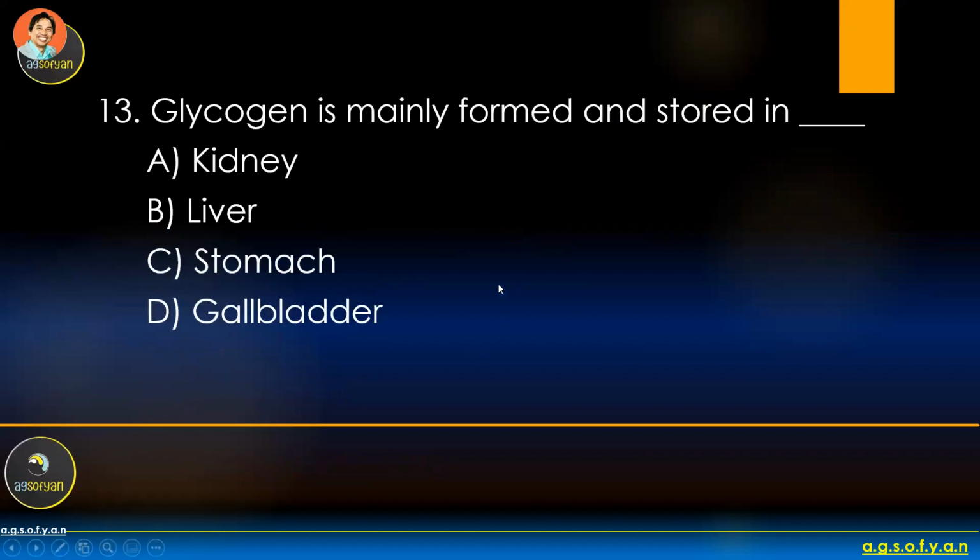Glycogen is mainly formed and stored in A, B, C, or D? Okay, I just mentioned to you the formation of glycogen mostly happens in liver. And there is also some storage of glycogen in muscle.